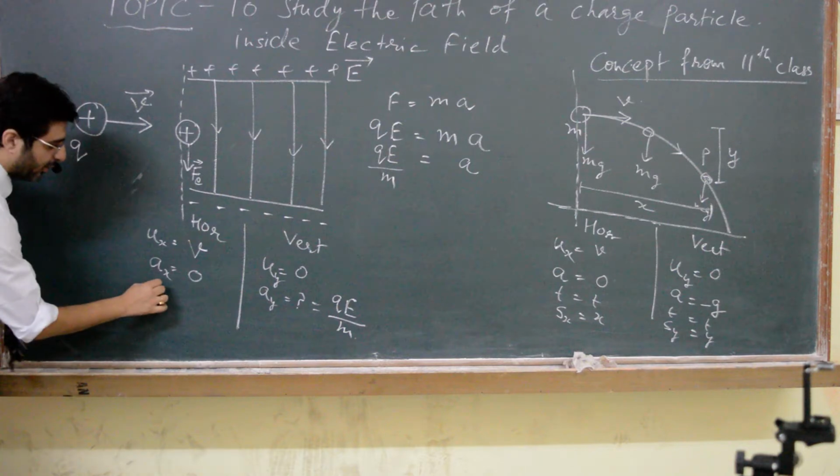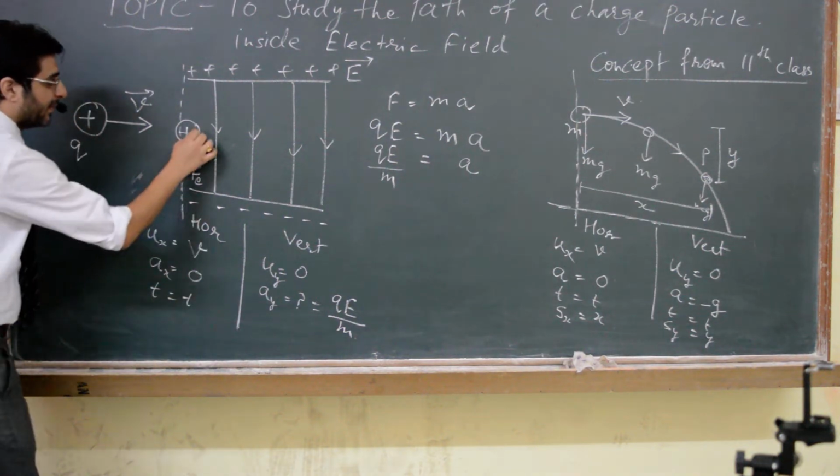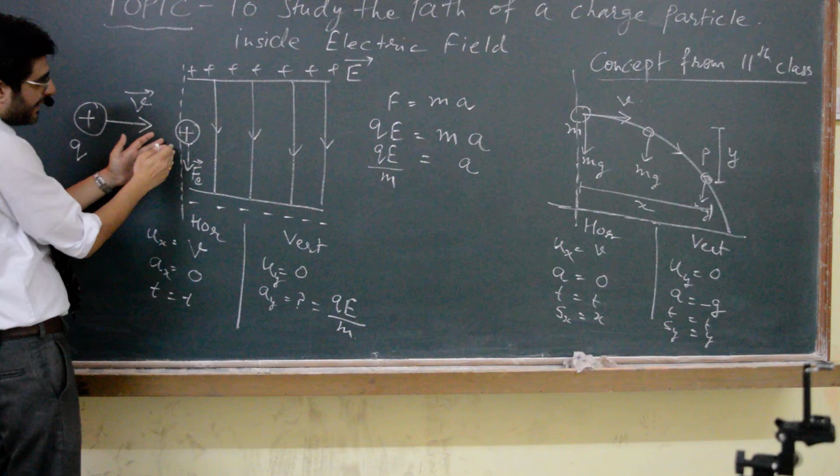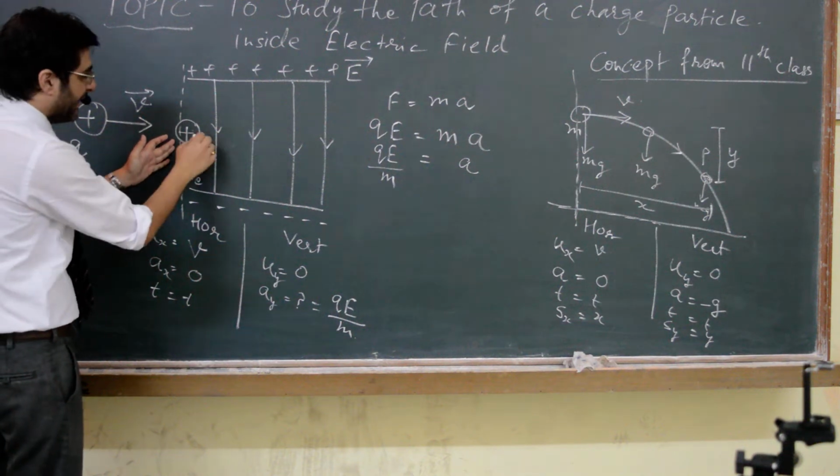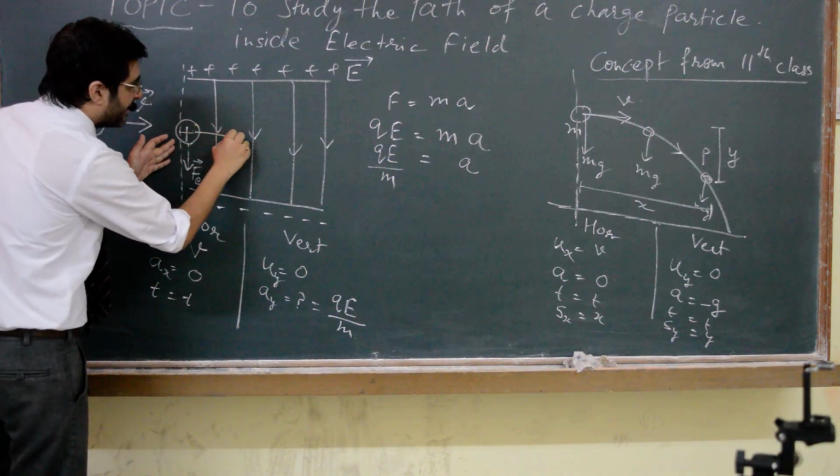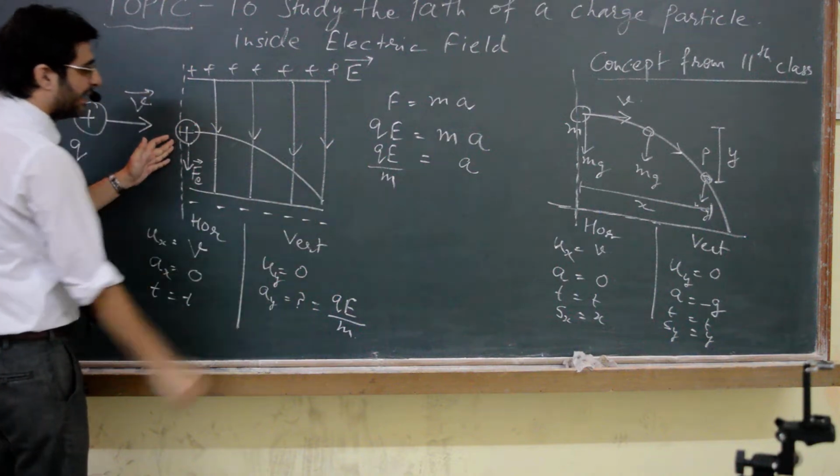Fine. So as this charged particle enters the electric field, the path of this charged particle will become like this.